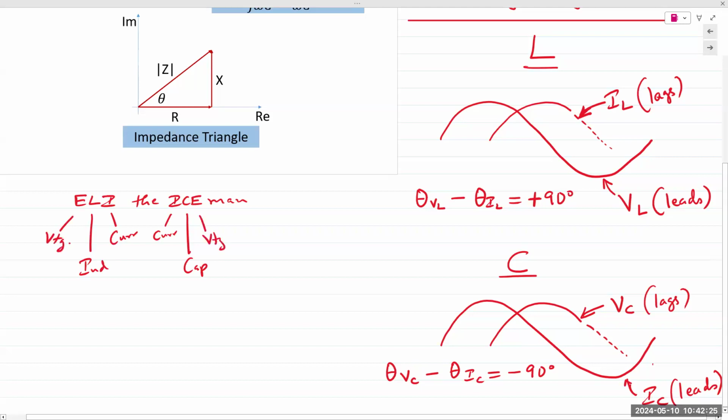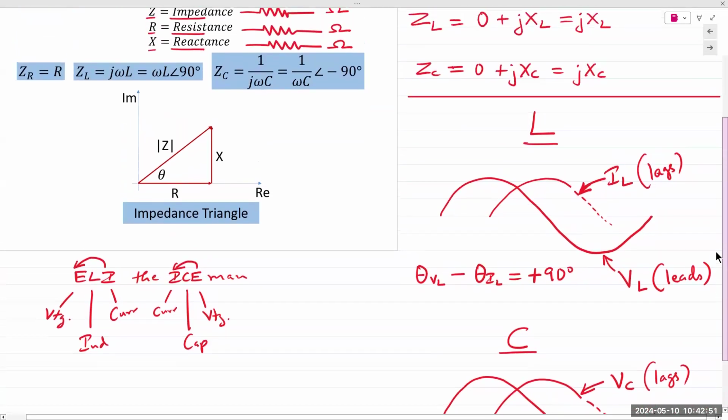So for an inductor, the voltage is always ahead of the current. For a capacitor, the current is always ahead of the voltage by 90 degrees. Voltage leads current for an inductor, and for a capacitor, voltage lags the current.